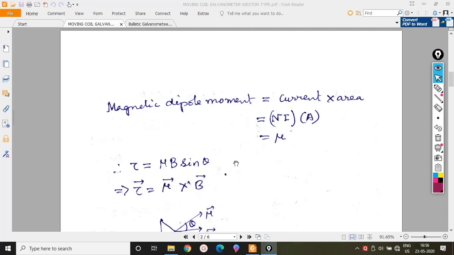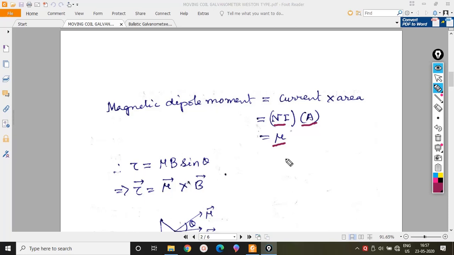Now we define a new quantity called magnetic dipole moment. Magnetic dipole moment is a quantity which is the product of current into area of the loop. So if N turns are there, then the total current is capital N into I, multiplied by area. So this is called magnetic dipole moment of a current loop.